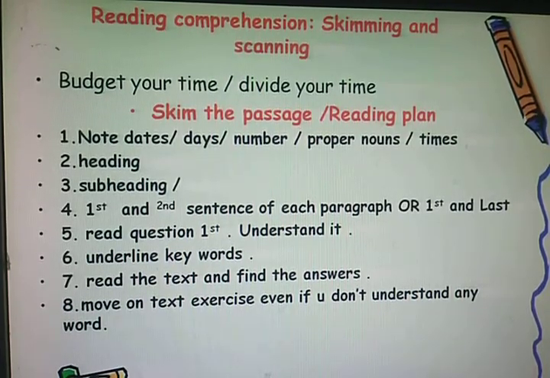Move on. Sometimes your subconscious knowledge will help you. Sometimes you can guess the meaning of the word, even a new word, and that guess could be an educated guess, and your educated guess could be 100% right. Even if you do not know the new word, it's okay.